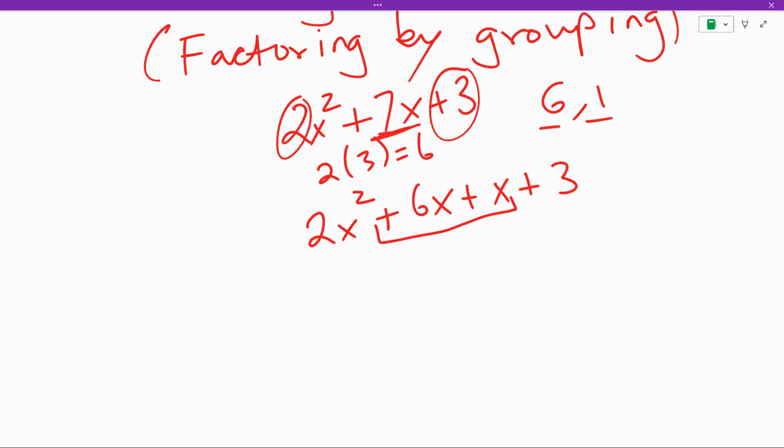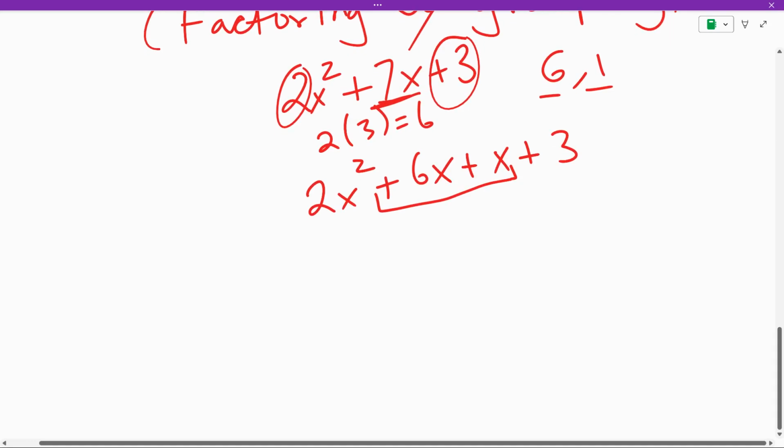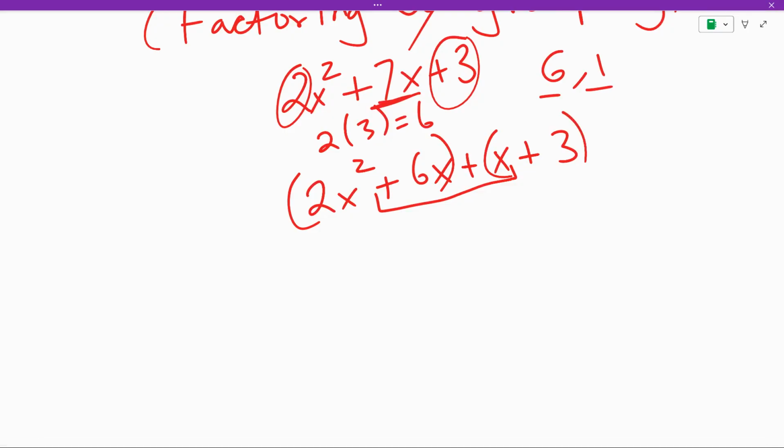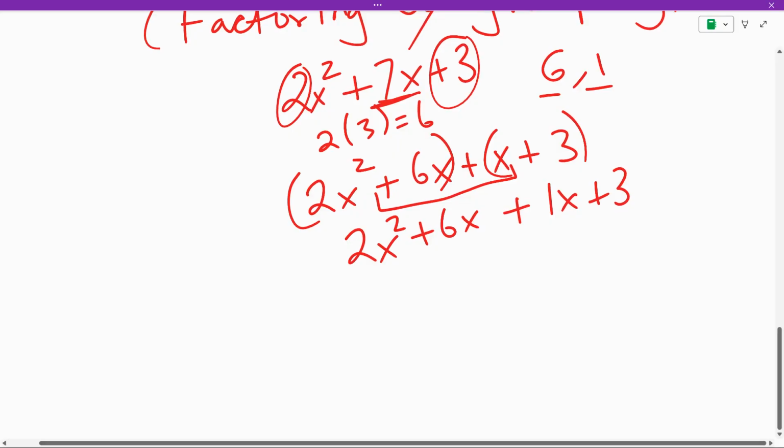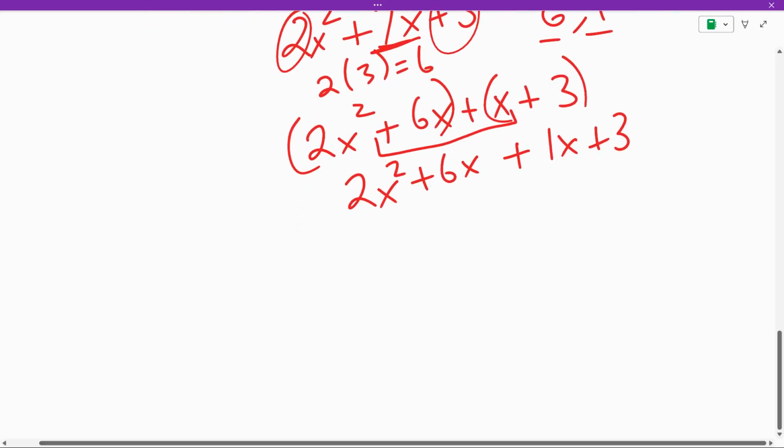Now that we've done that, we group the first two terms and the last two terms: 2x squared plus 6x, plus 1x plus 3. Then let's factor out common factors in each group.